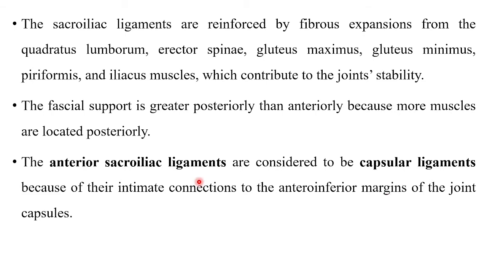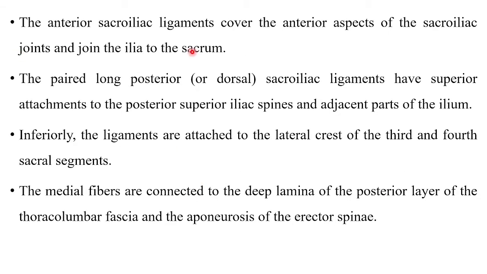The anterior sacroiliac ligaments are considered to be capsular ligaments because of their intimate connections to the antero-inferior margins of the joint capsules. They cover the anterior aspects of the sacroiliac joints and join the ilia to the sacrum. The long posterior or dorsal sacroiliac ligaments have superior attachments to the posterior superior iliac spines and adjacent parts of the ilium. Inferiorly, the ligaments are attached to the lateral crest of the third and fourth sacral segments.